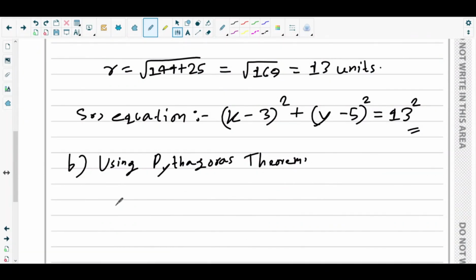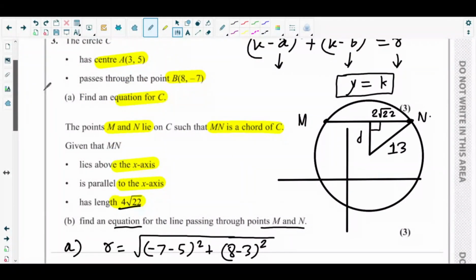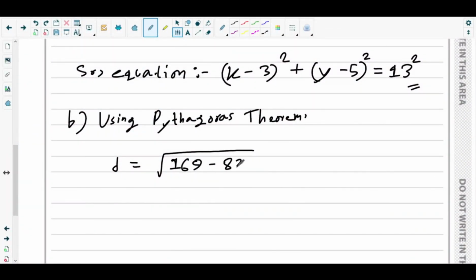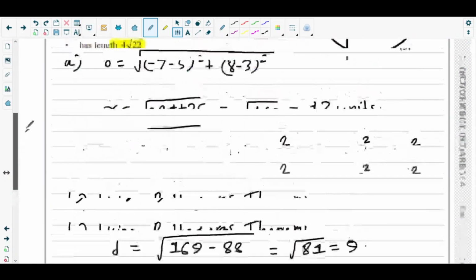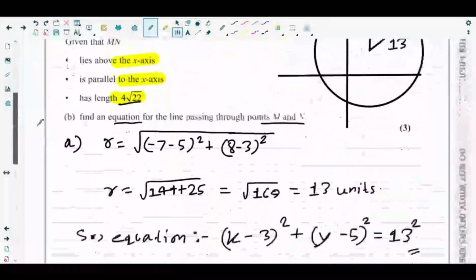We need the length d, so this is the square root of 13 squared, which is 169, minus the square of 2 root 22, which is 4 times 22, giving 88. So d is the square root of 169 minus 88, which is the square root of 81. The square root of 81 is 9. So the value of d is 9.